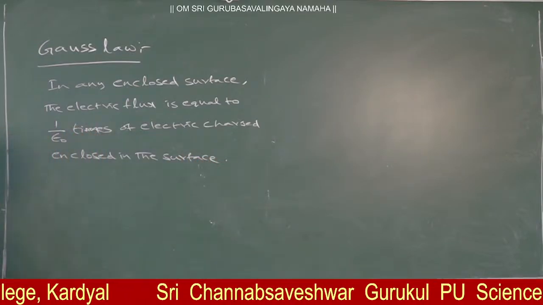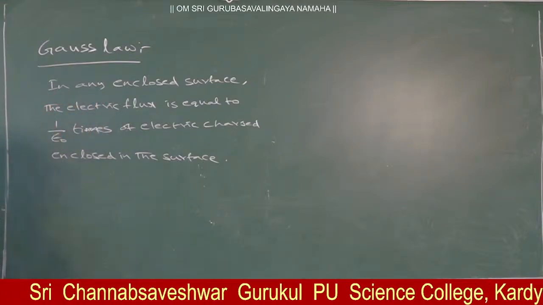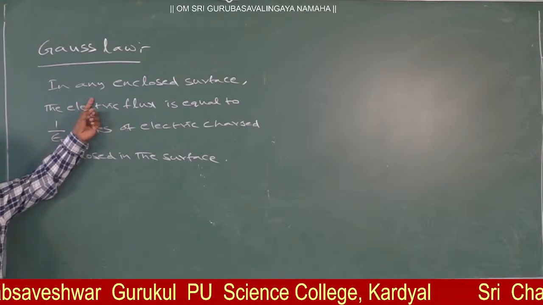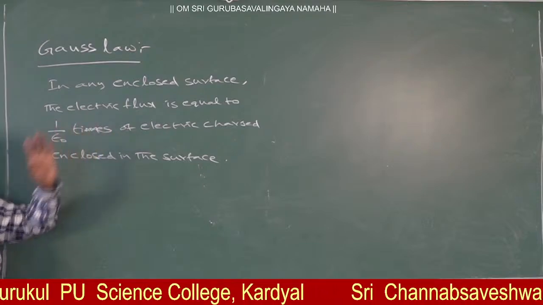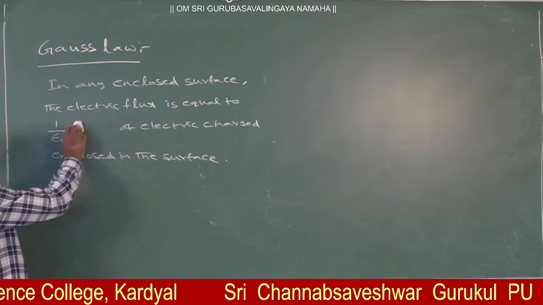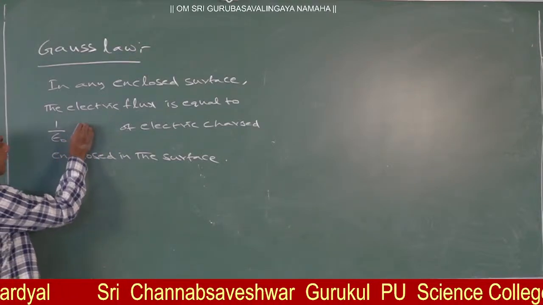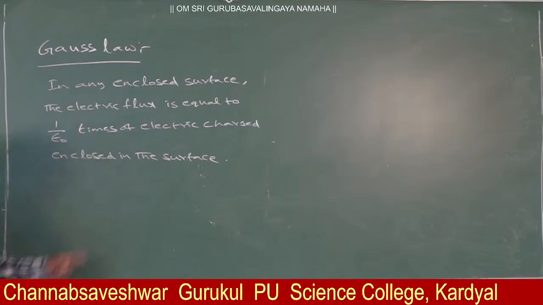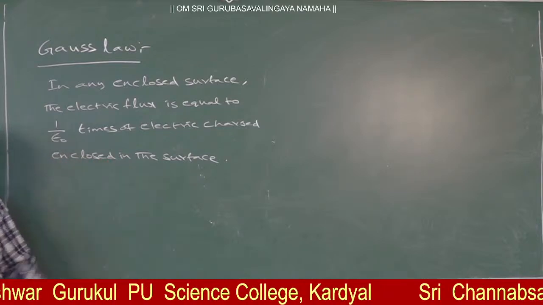This is the statement of Gauss law. What does it mean, in any enclosed surface? The surface should have definite limits. So in any enclosed surface, the electric flux is equal to 1 by epsilon naught times the electric charge enclosed in the surface.